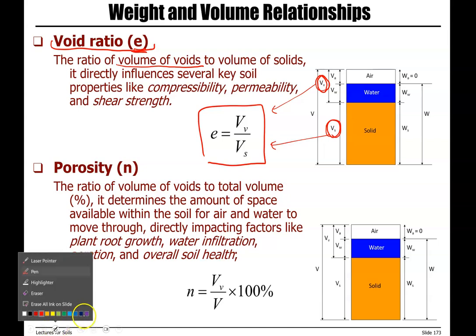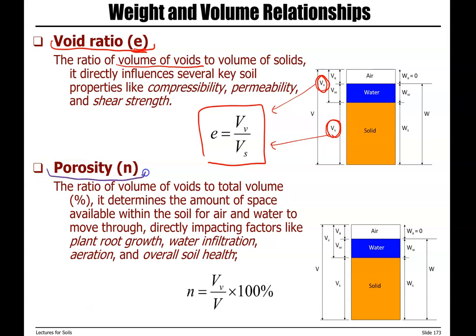The next property is called porosity, and it's the ratio of volume of voids to total volume. It's a percentage, so you need to multiply by 100.